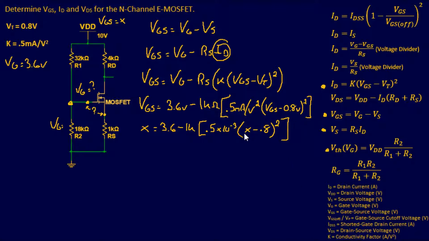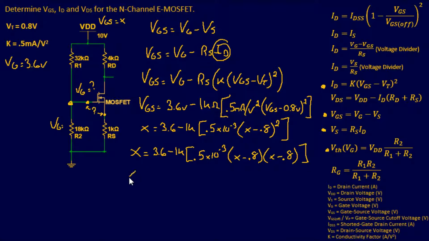Well, just like what you're supposed to do in math, let's work on the parentheses, then work our way out. So I'm going to say X equals 3.6 minus 1K, and I'm going to start working on this guy right here, which means I'm going to say 0.5, 10 to the negative 3, and then X minus 0.8 times X minus 0.8. What I'm doing here is I'm trying to get rid of that square.